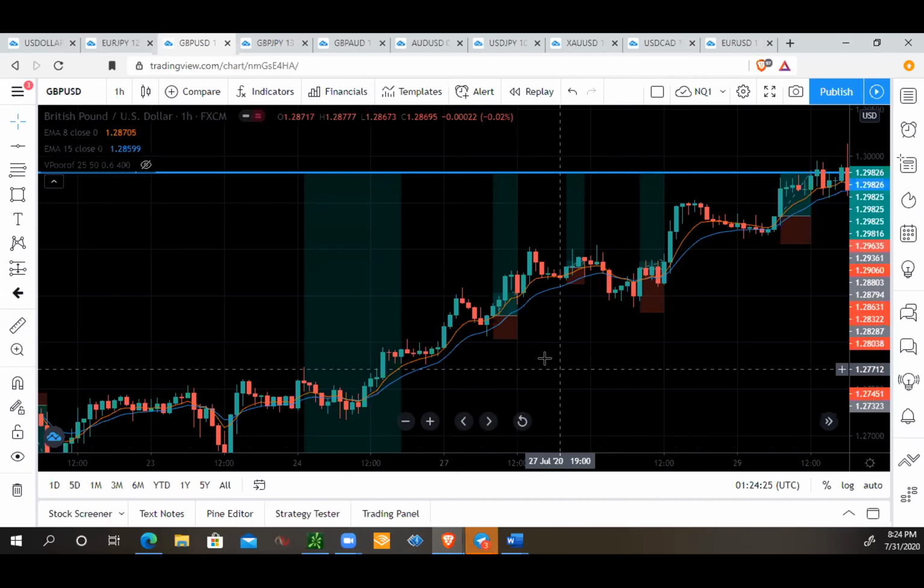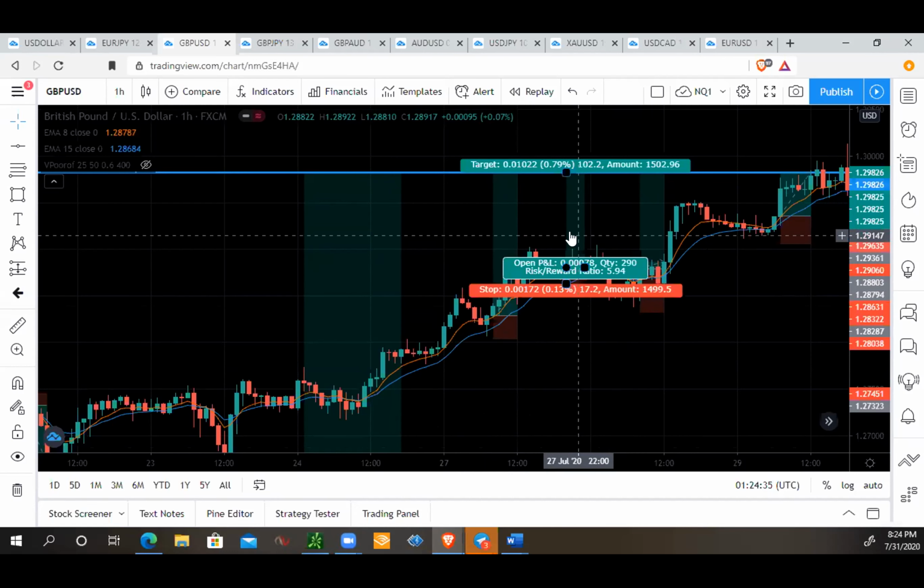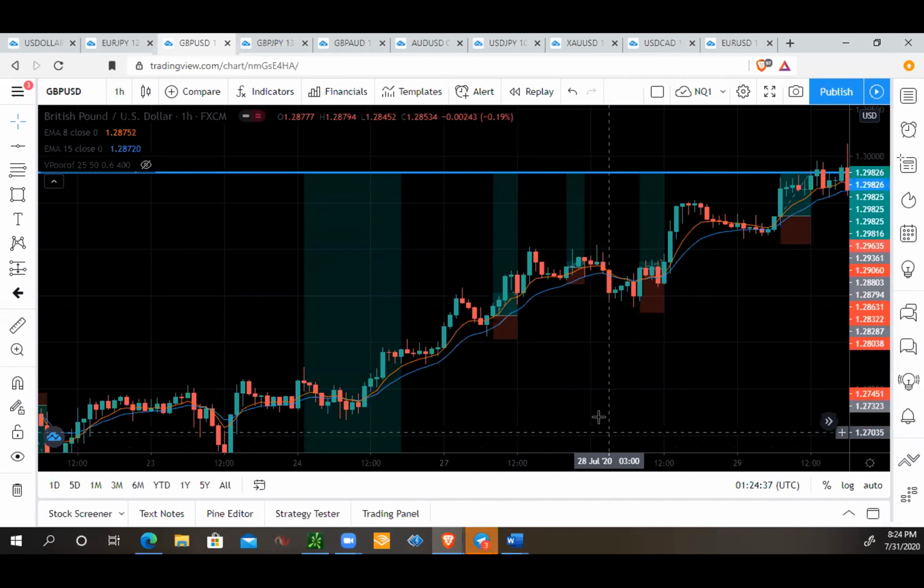All right, so that's $765. The third one is our loss. So it's 102 pips. 102 at 50 cents. 102 times 10 times 50 cents is $510.